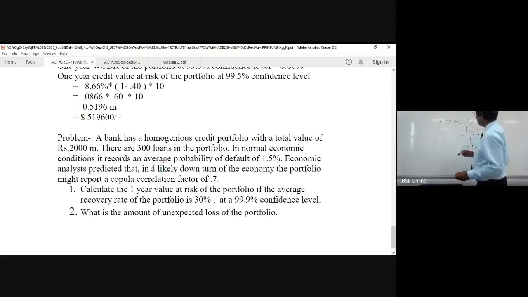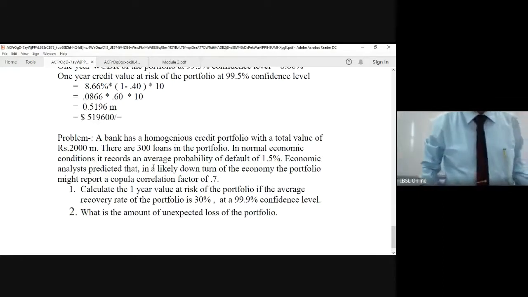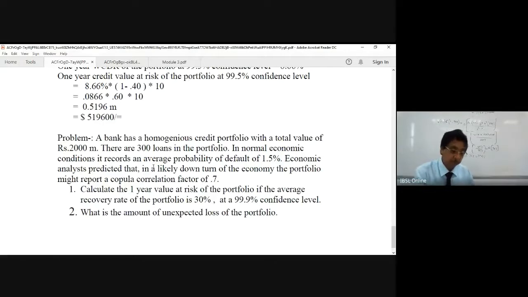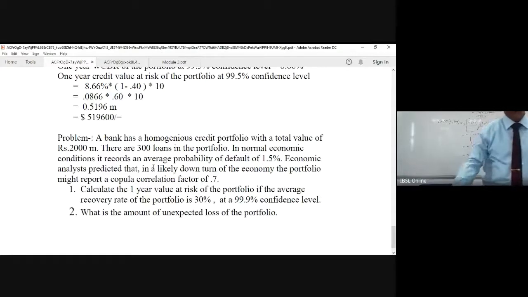You can get the credit value at risk in millions. You can see the portfolio risk, or the credit value at risk, is 1079.8 million. It's a drastic amount of risk or loss.